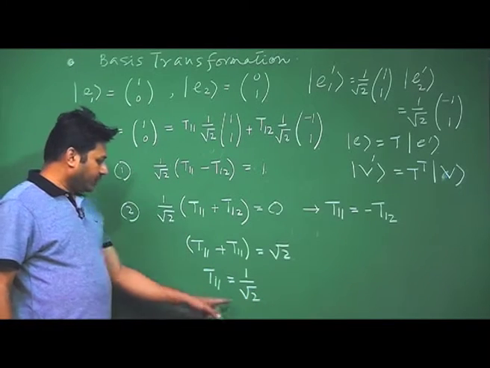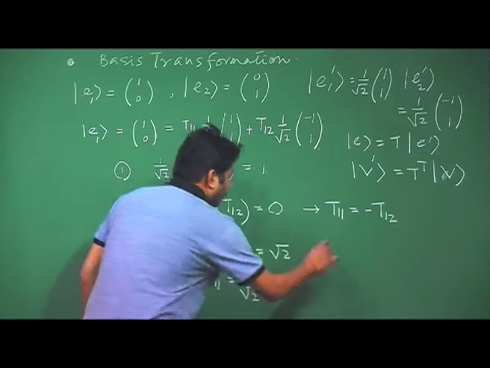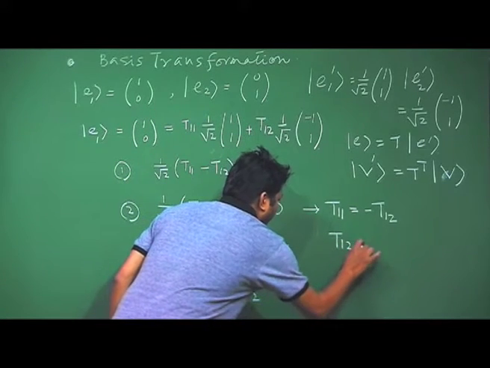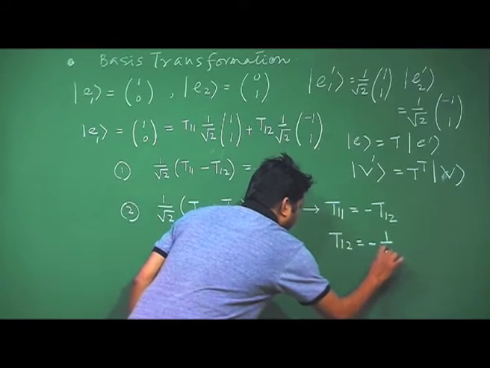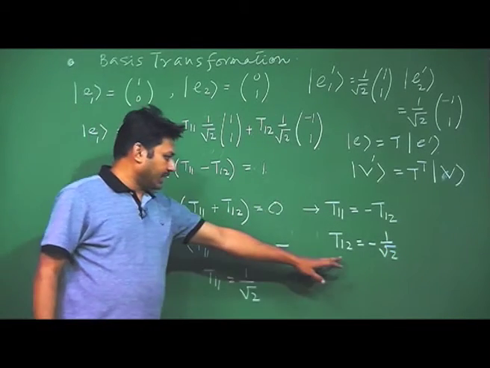So, T11 is 1 by root over 2, T12 is minus T11. So, T12 is minus 1 by root over of 2. So, I can figure out two components T11 and T12.